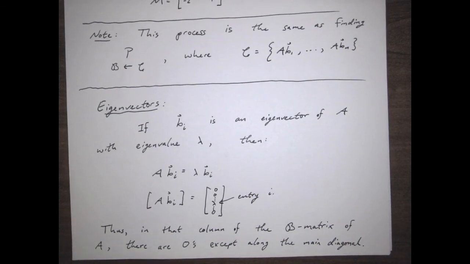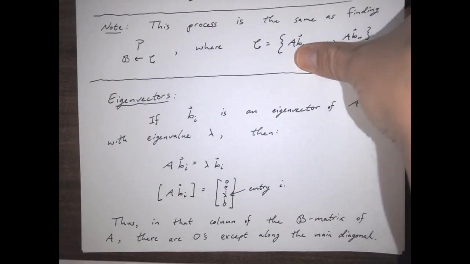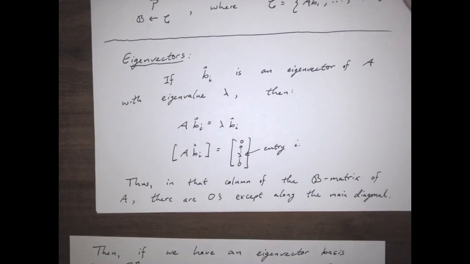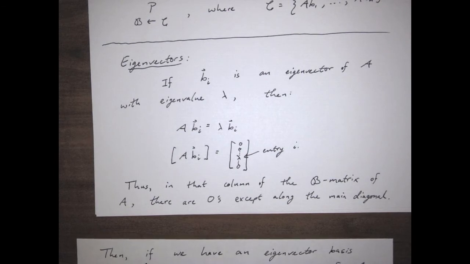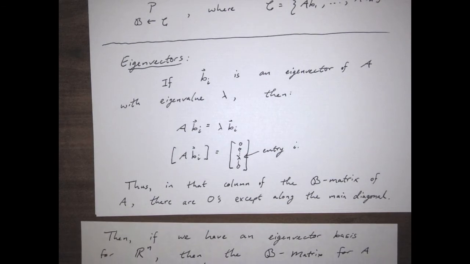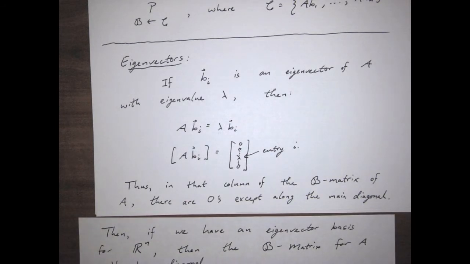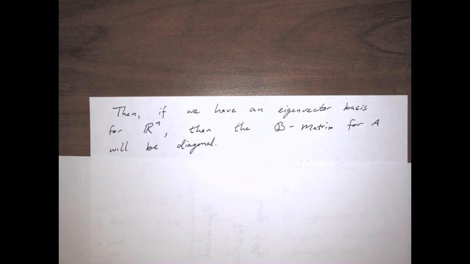Now let's think about what that then means. Well then, let's suppose we had a basis that was all eigenvectors. So if we have an eigenvector basis for R^n, then the B matrix for A will be diagonal.